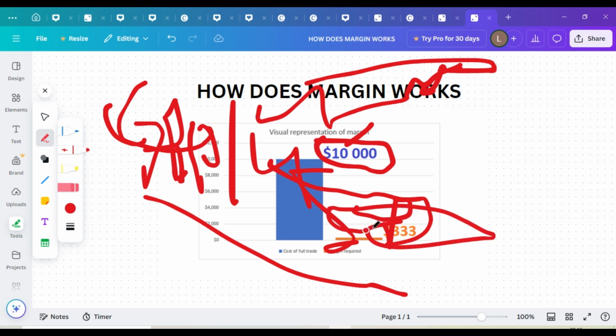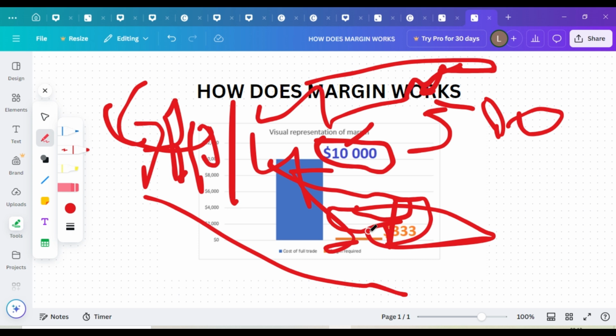Your margin now is this $333. Or say you funded something like $500, your account balance is $500, right? And you saw that the market is bearish, the market is going down, and you want to sell, because when the market is going down you will sell.